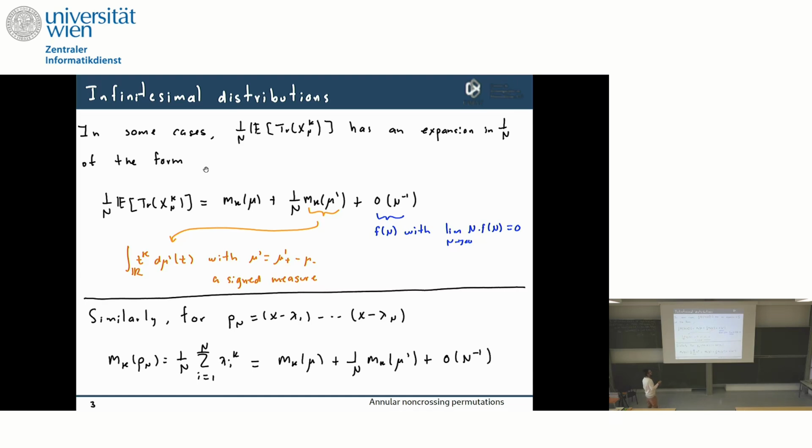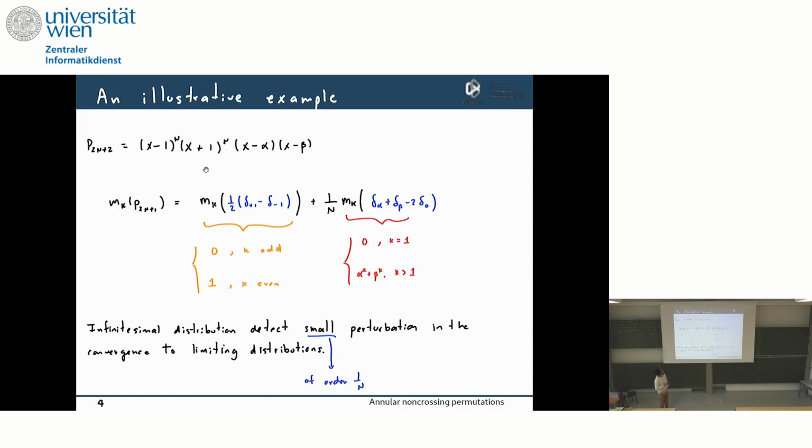And then I have a remainder term such that when I multiply it by n and I let n go to infinity, that goes to 0. The correction term here is usually expressed as a signed measure, just a difference of two positive measures. And something similar happens for the polynomials. Essentially, the kth moment of my polynomial can be expressed as the kth limiting moment plus a correction term of order 1 over n.